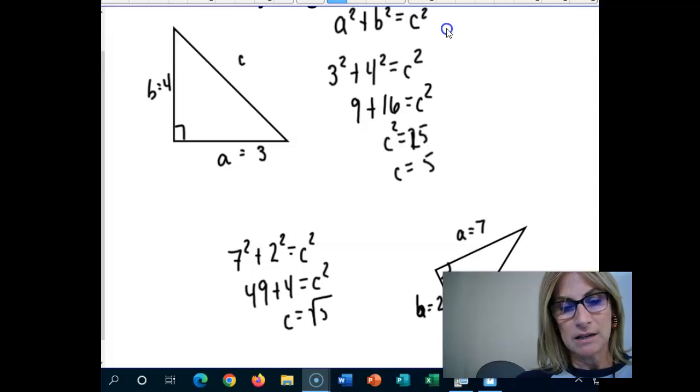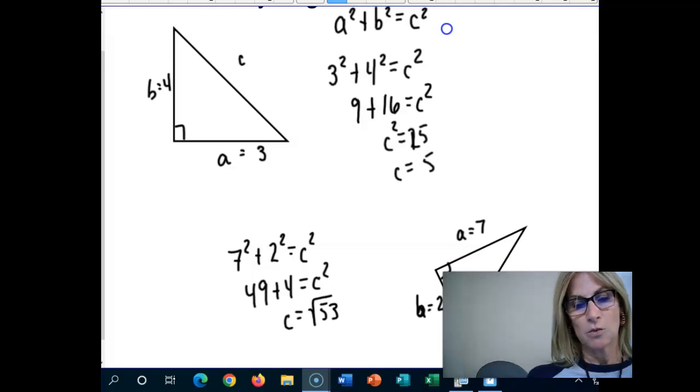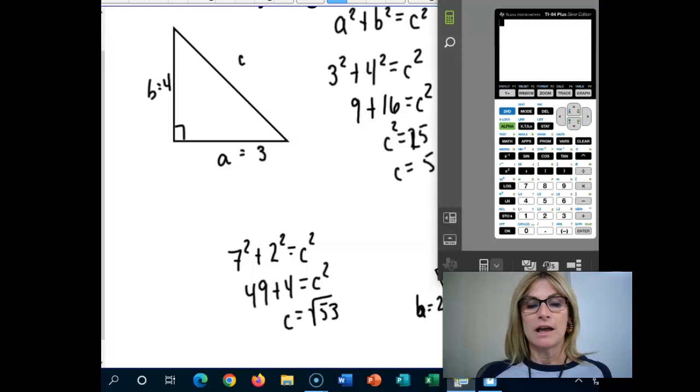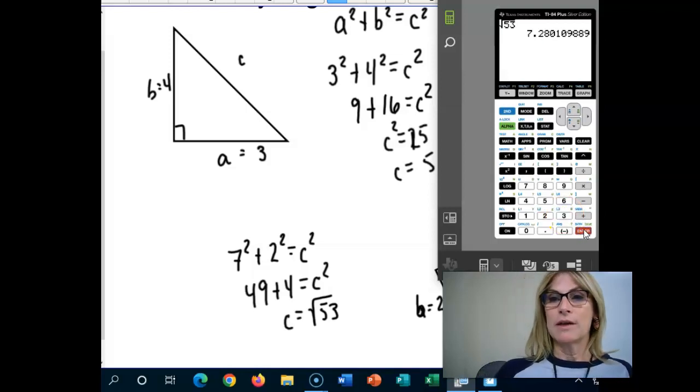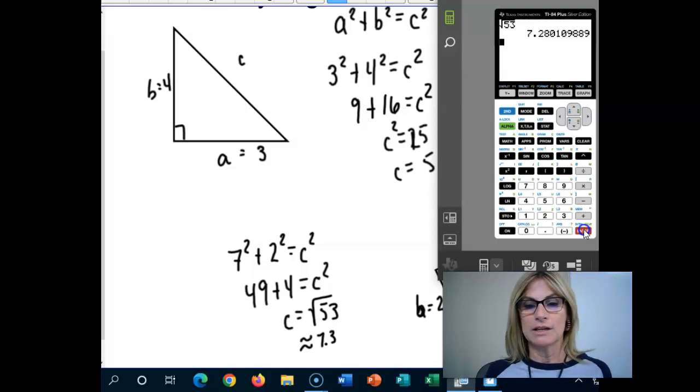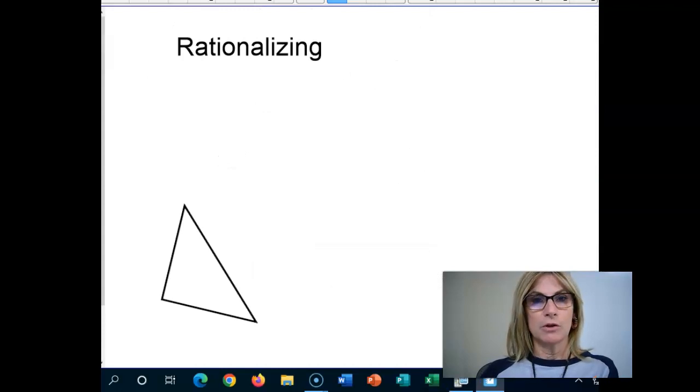So c is the square root of 53. Now, unlike the square root of 25 that we know, we don't know the square root of 53. A lot of times they will leave their answer as a square root, but if you change it to a decimal, I can live with that too. So we'll call that 7.3. Okay, all of that probably looks really, really familiar.